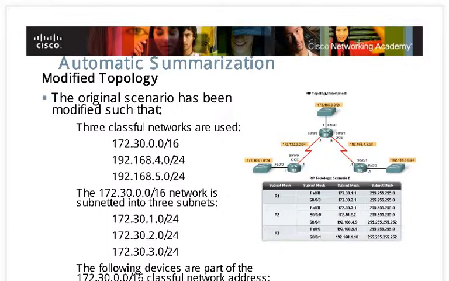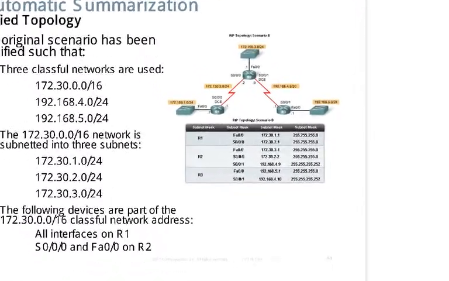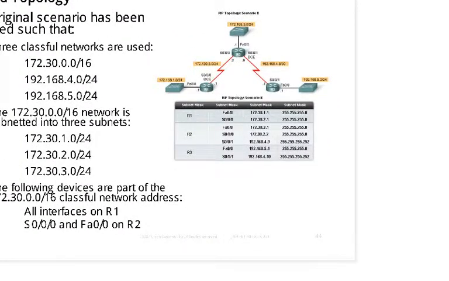Automatic summarization talks about the fact that we don't necessarily have to maintain one route entry for each destination network. Okay?